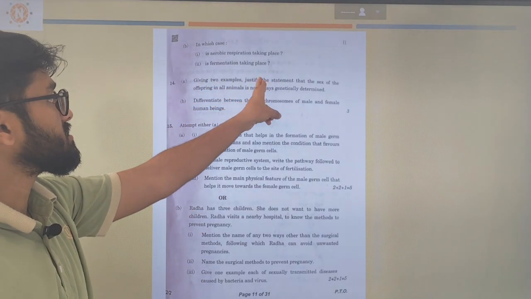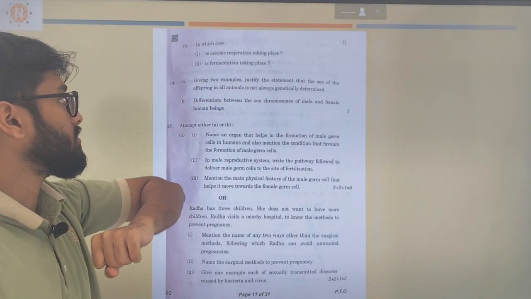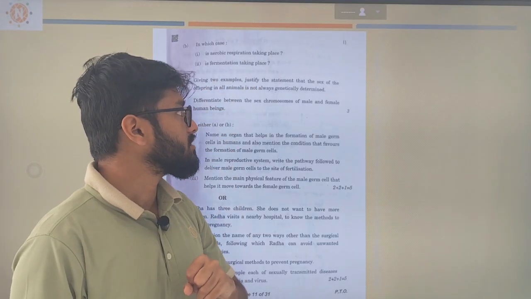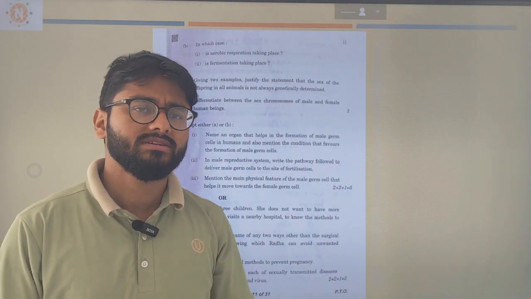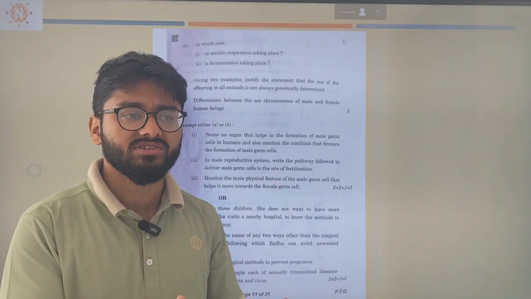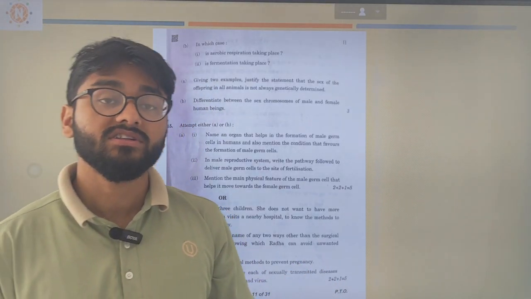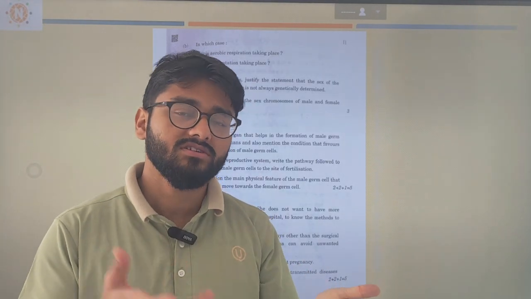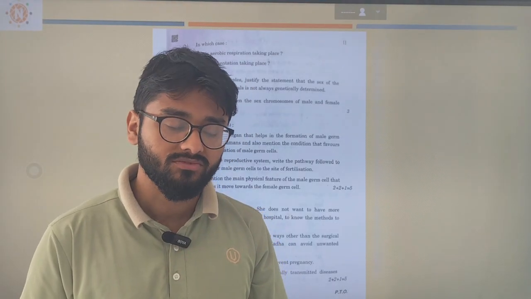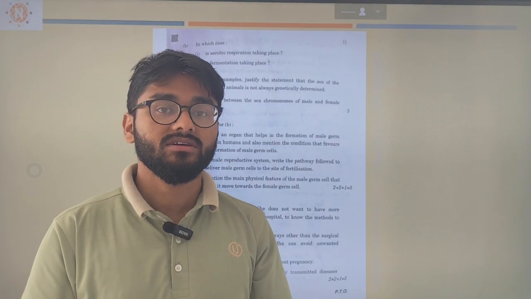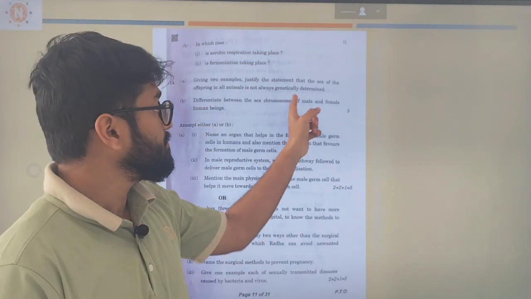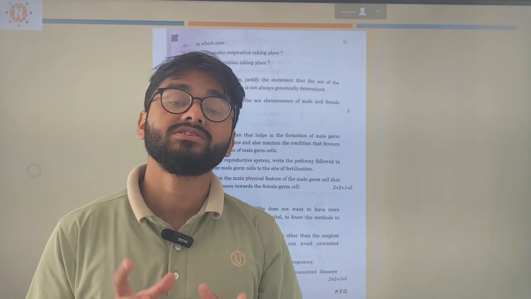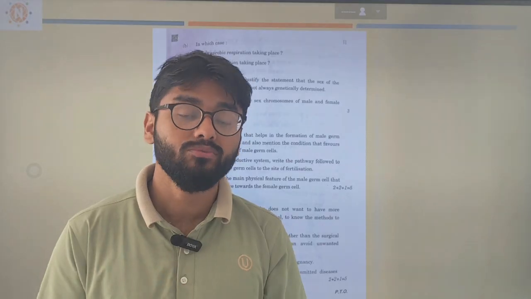Giving 2 examples, justify the statement that the sex of the offspring in all animals is not always genetically determined. There are 2 very common examples. There is the turtle species, which change their sex based on temperature, the incubation temperature.